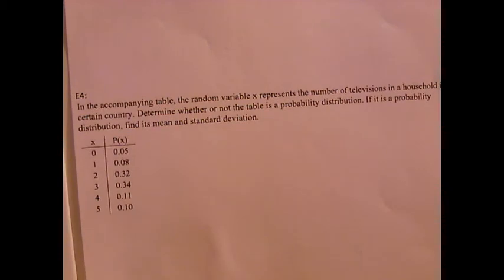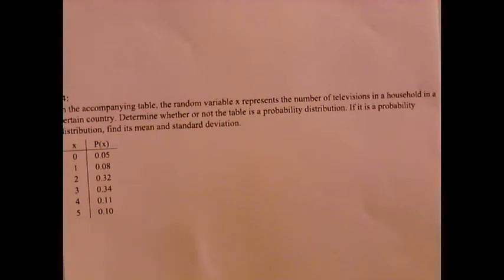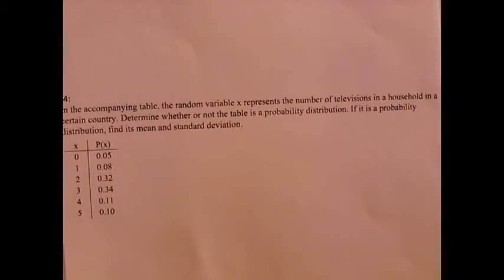Okay, the next example is this. In the accompanying table, the random variable X represents the number of televisions in a household in a certain country. Determine whether or not the table is a probability distribution.